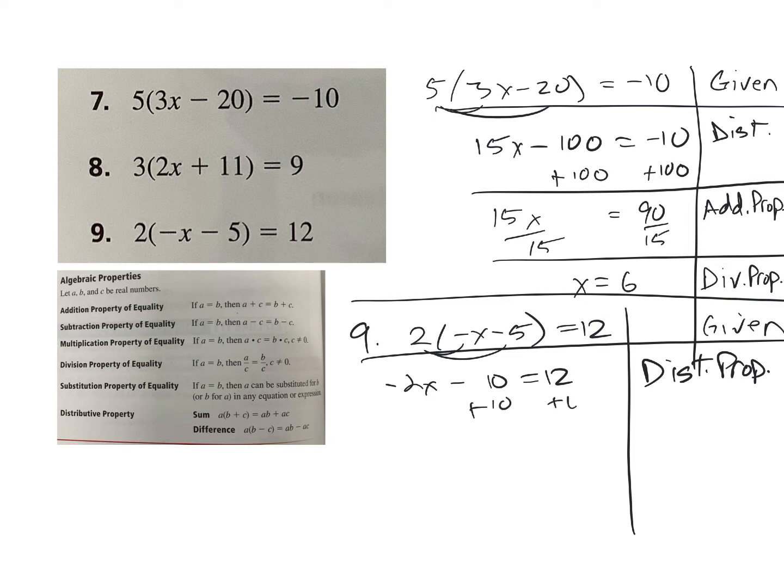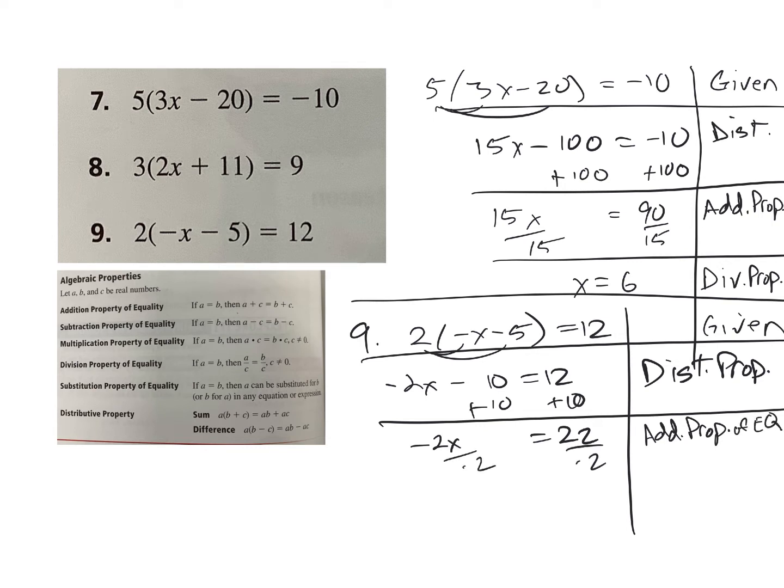Add 10. So it's -2x equals 22. So addition property of equality. And divide by a negative 2. And x equals negative 11. So that was the division property of equality.